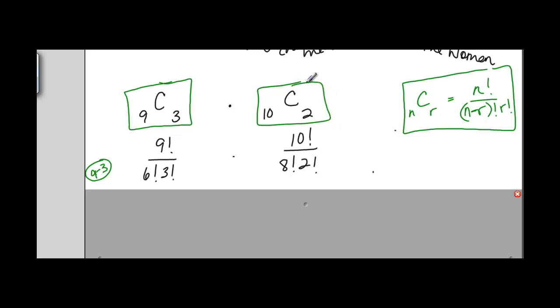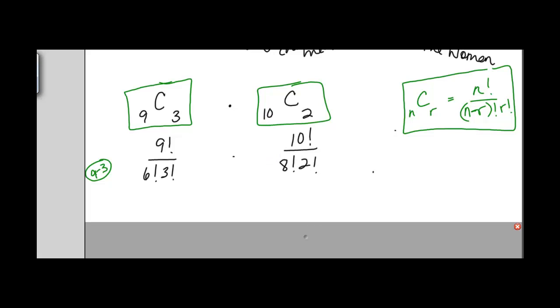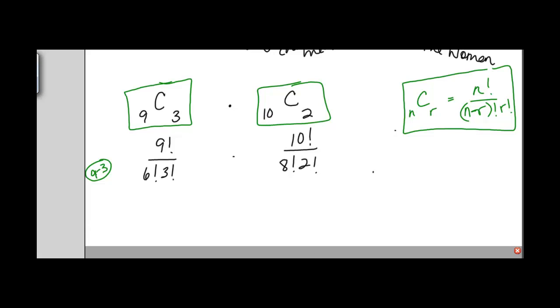And this combination would be N factorial, or 10 factorial, over 10 minus 2, which is 8 factorial, times R, which is 2 factorial. So we can work that out a couple of different ways. I'm going to show you how to do it on the calculator as well as working it out by hand. So let's do a little work by hand first.